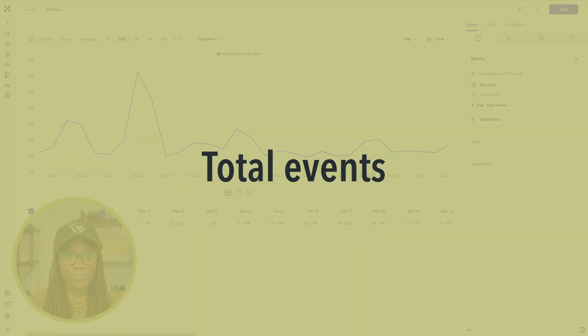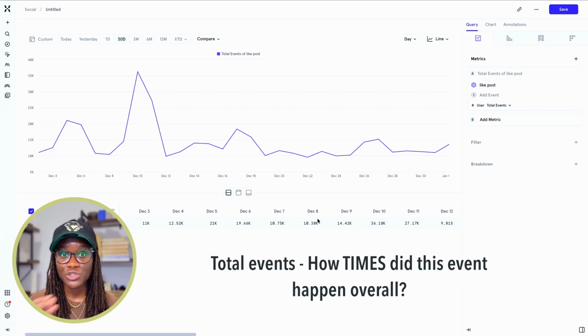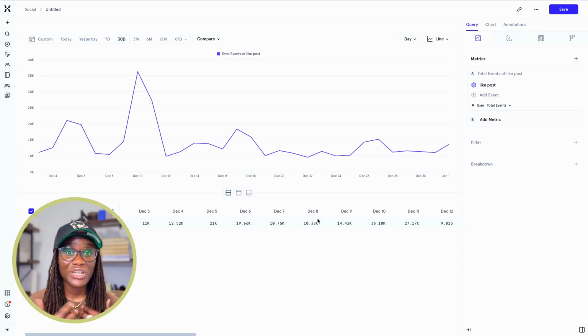Total event reflects the total number of times that that event was fired by users or triggered by users. So for example, if I liked 10 posts in a day, my 10 likes count all together under the total event, because for each time I liked a post, I triggered the like post event.